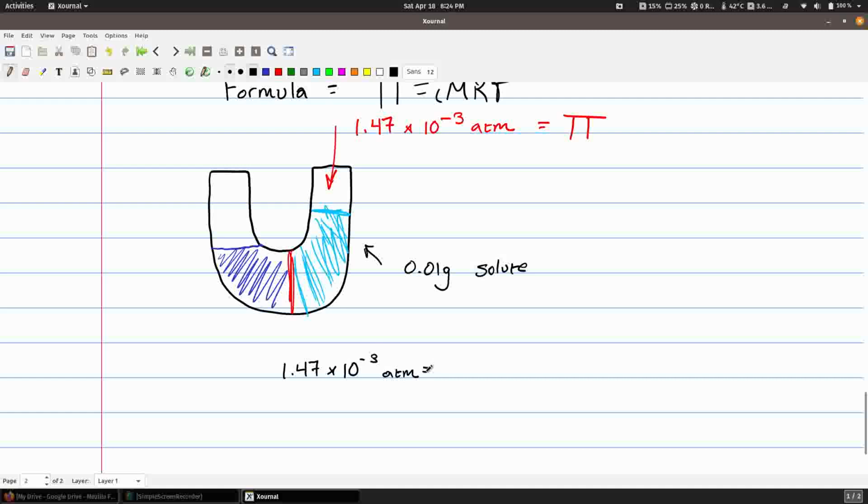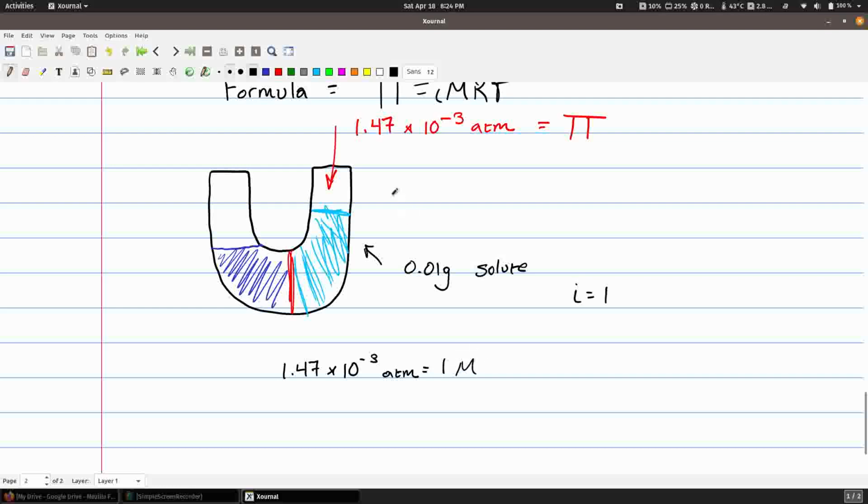Pi equals iMRT. So we're just going to assume i equals 1, because it's not ionic, we're going to assume it's 1. So 1.47 times 10 to the negative 3 atmospheres equals 1 times, we don't know what the molarity is. That's what we're going to be figuring out.